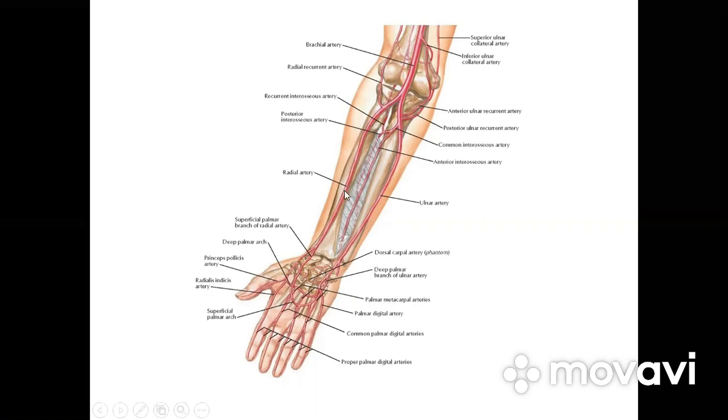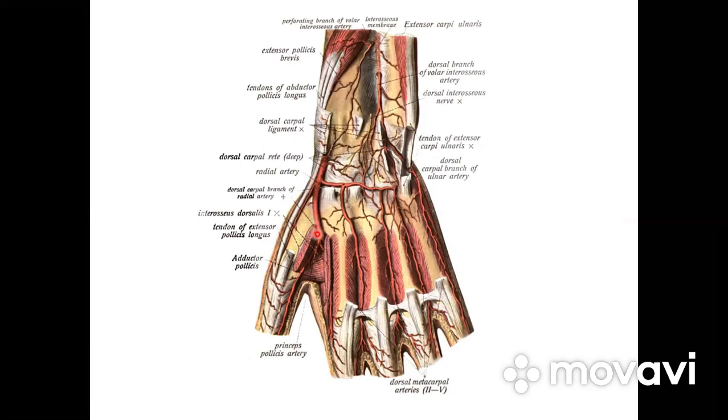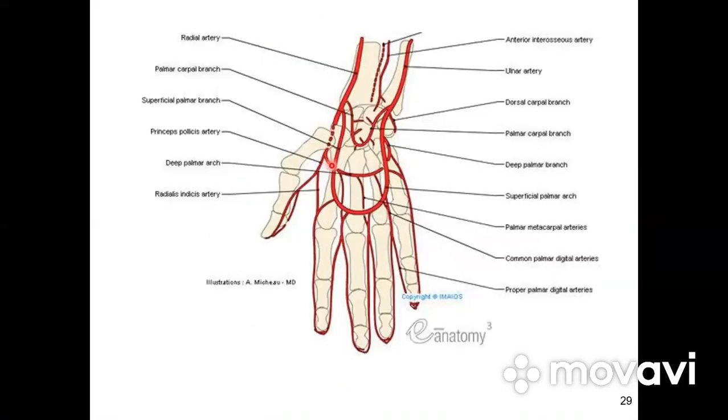Continuing downward, in the distal part of the forearm, the radial artery continues on the dorsal surface of the hand to the first intermetacarpal space, goes through the muscle, and continues on the palmar surface of the hand. The terminal part of the radial artery will make the deep palmar arch.